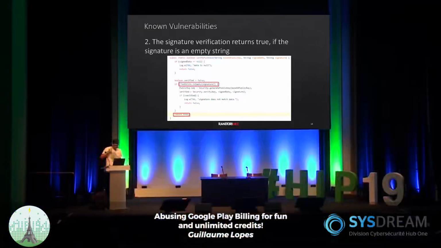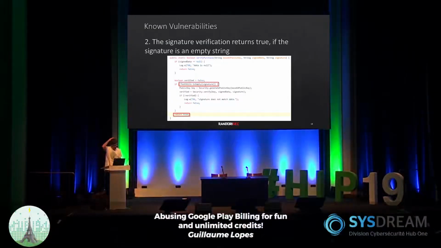Then, when you look at the signature verification method given by Google, he found that, in fact, if you return an empty signature, you can see in this code that the function always returns true. Because the first test is, if not empty, make the verification.